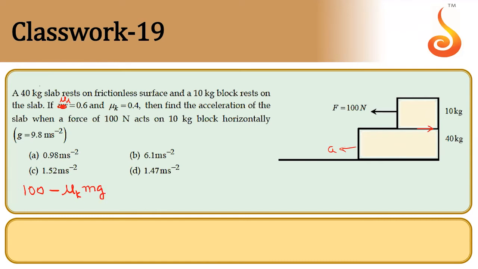Frictional force is mu k into mg. That should be equal to, see, if force acting on the slab is F, then the force on slab should be equal to its mass, that is 40, into acceleration A, correct? So what is the net force on it? 100 Newton in the forward direction, mu k into mg in the backward direction. This should be 40 into A, correct?